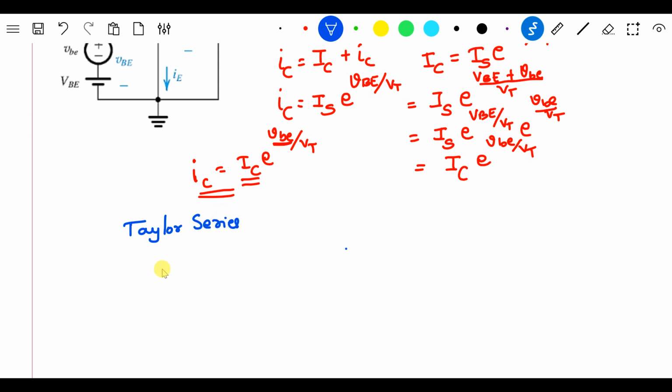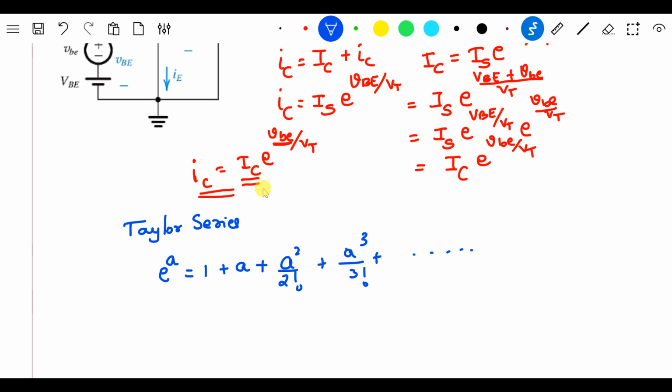It says that e power a can be expanded as 1 plus a plus a square by 2 factorial plus a cube by 3 factorial, plus so on. This is the Taylor series which we had in mathematics.